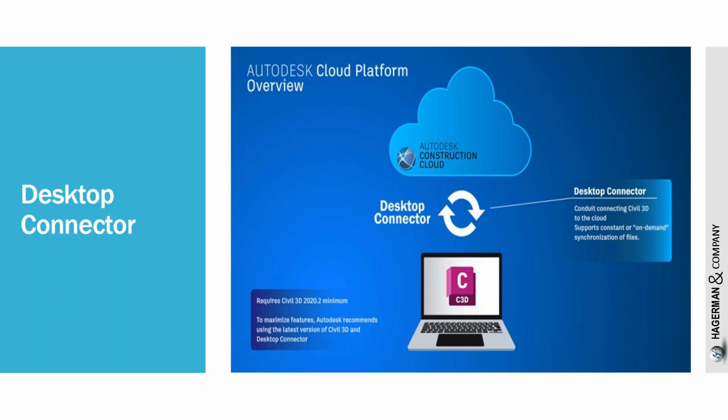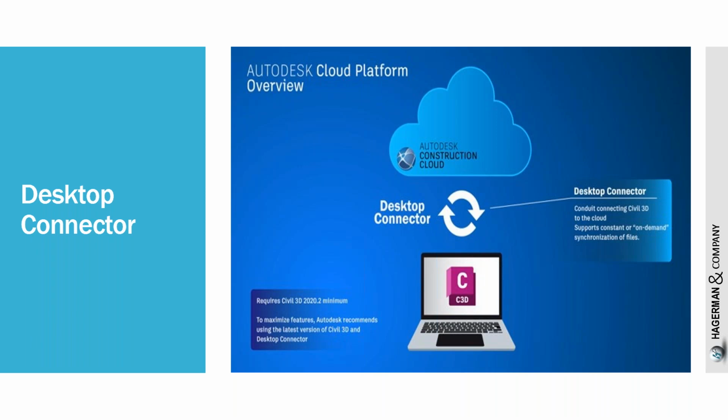One of the benefits of Desktop Connector is that from Civil 3D's perspective, it's still working local, because technically it is, okay? Now, there's really no learning curve here. It's the same as working off a drive with a different letter, okay?